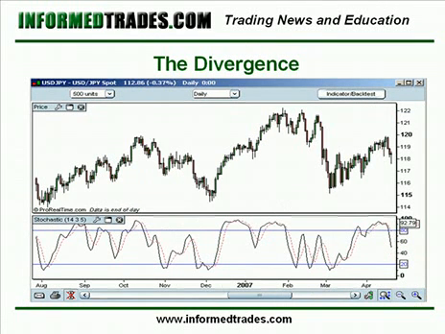Divergence is the third way, and very simply, when the market is making new highs and the market is trading in the opposite direction of the indicator, that's an indication that a reversal may be coming. So you have divergence here, and as you can see, the market's making new highs there, but by looking at the stochastic you can see that momentum in the market is not following upwards.